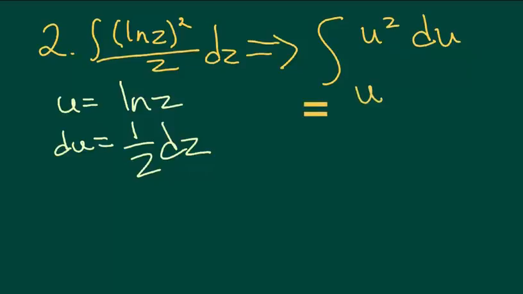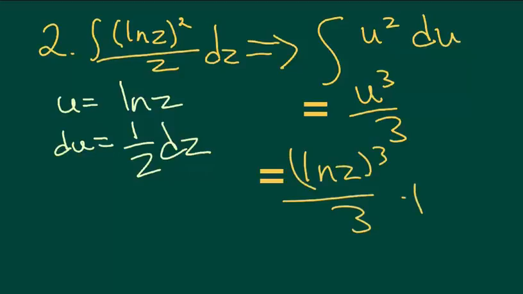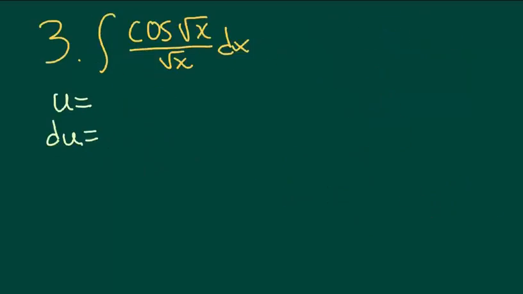And that goes to u cubed over 3. And now you can sub ln of z back in for u. And you wind up with the natural log of z cubed over 3 plus c. And that's your answer.